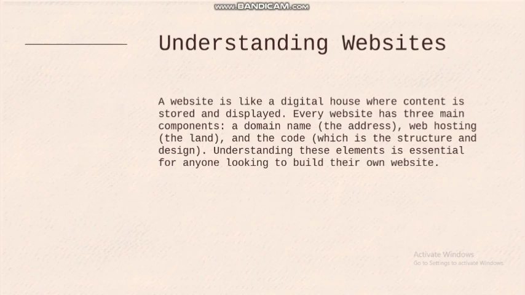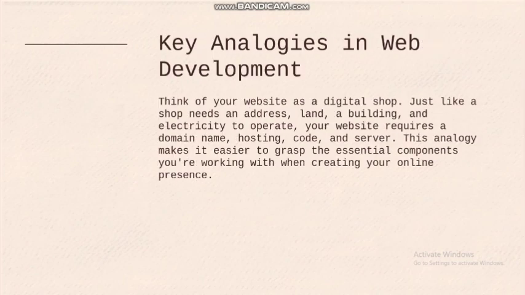Now we have three main components of every website. A domain name, that is the address, the web hosting, that is the land, and the code, which is the structure and the design. Understanding these elements is essential for anyone looking to build their own website.